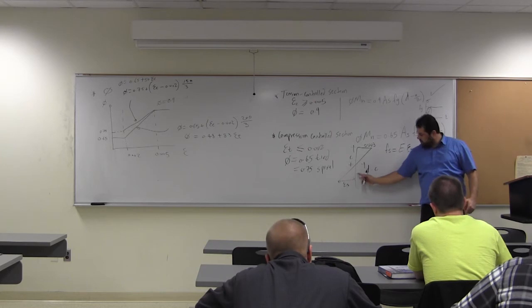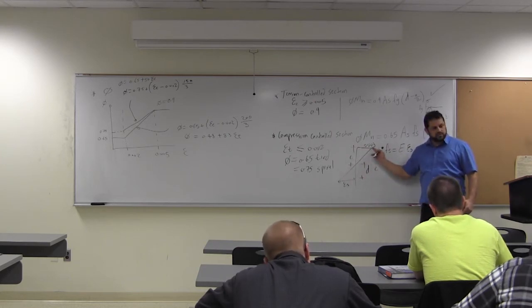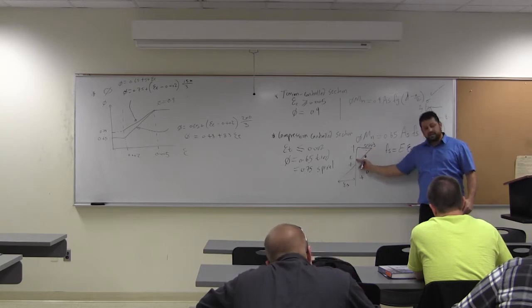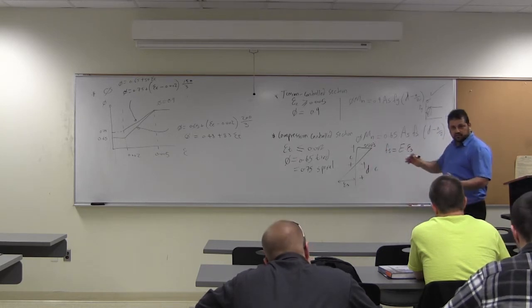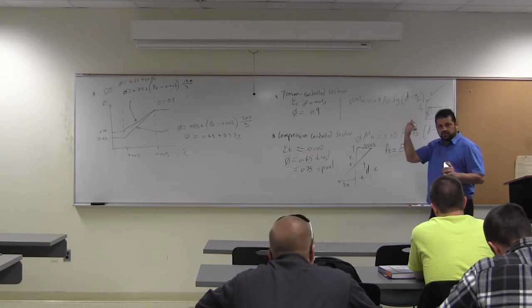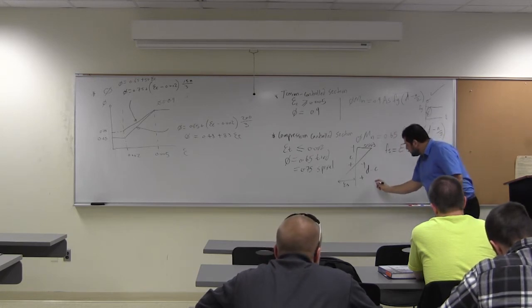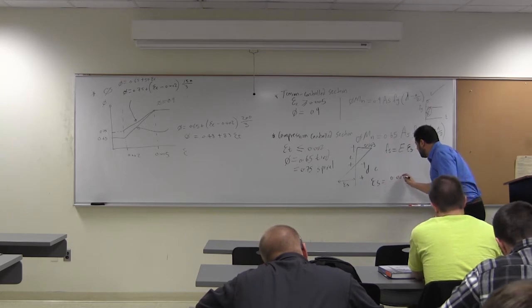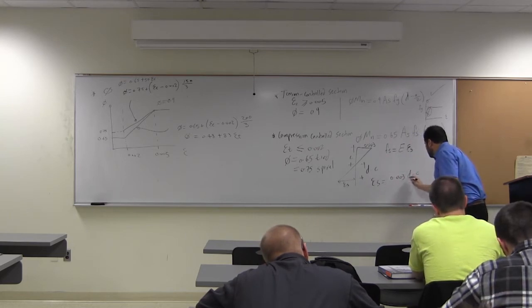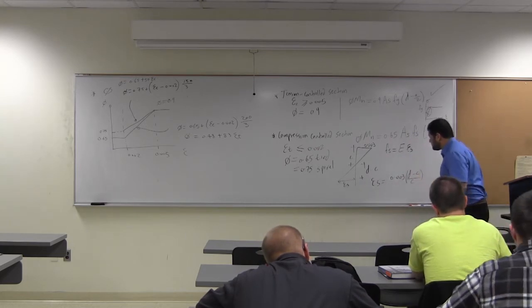Epsilon s over d minus c equals epsilon ultimate, which is 0.003 in the concrete, divided by c. So epsilon s equals d minus c over c times 0.003. Similar triangles. If you don't know similar triangles, go back to calculus. Right? So epsilon s equals 0.003 times d minus c over c.